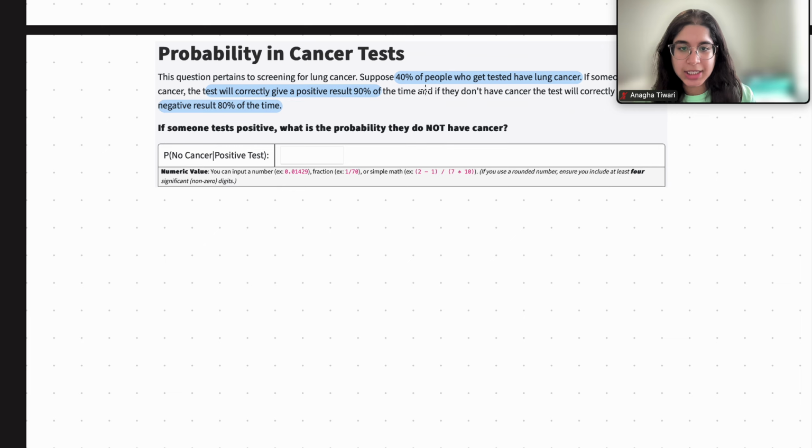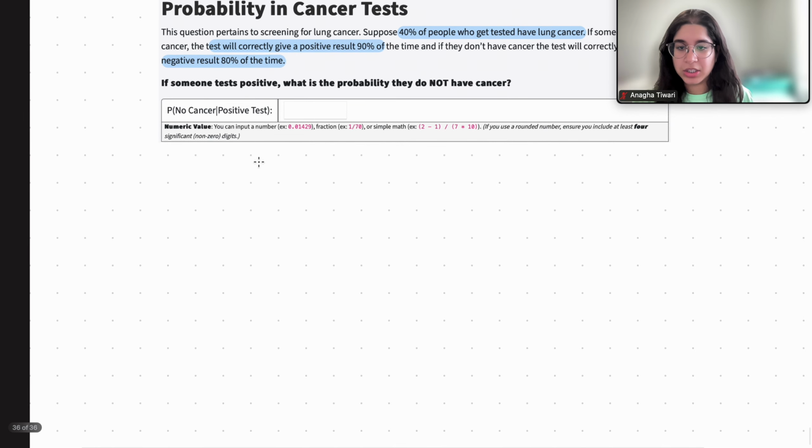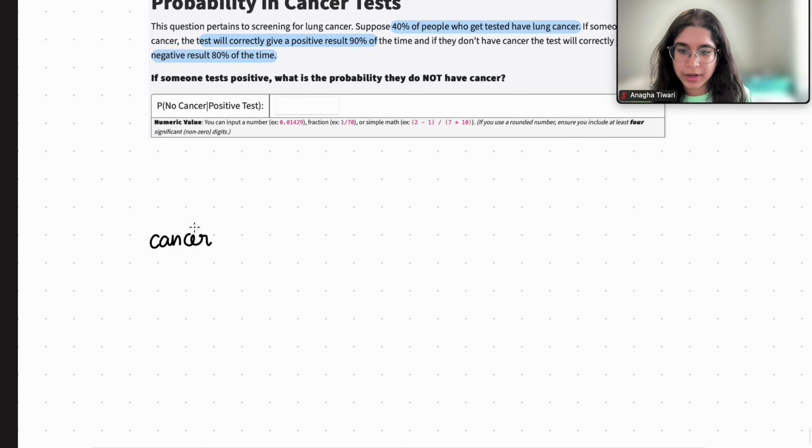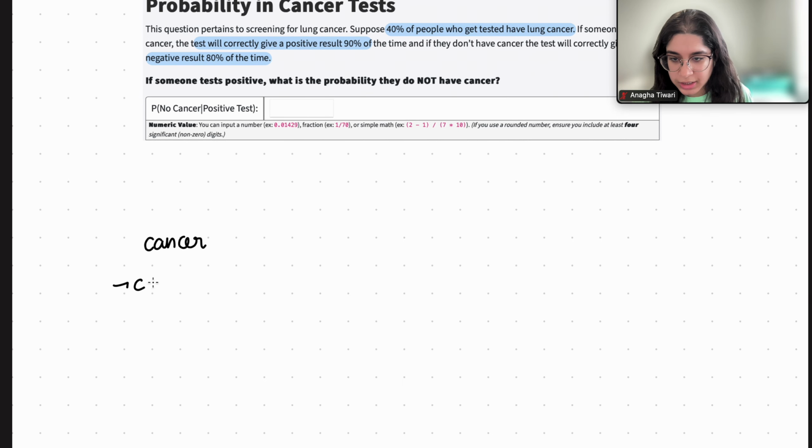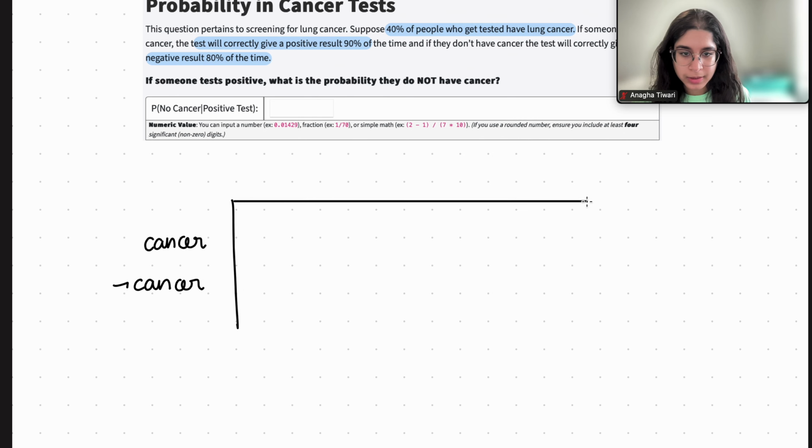So first of all, I'm just going to go ahead and create my table here, right? I'm going to create, let's say, cancer, and then write here, no cancer. And this is going to be a positive test result, this is going to be a negative test result, and then this is going to be my total, right?